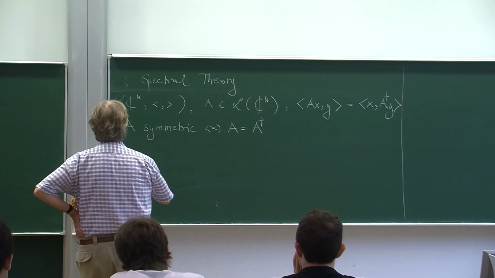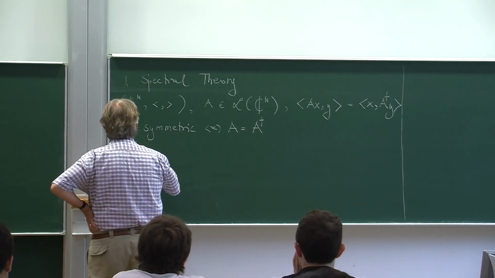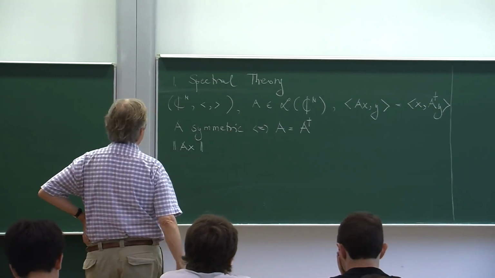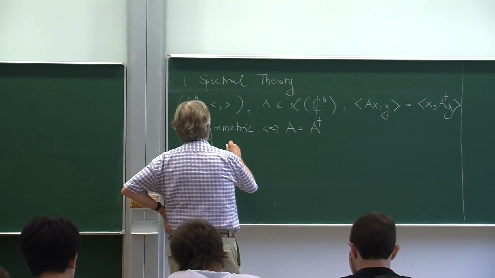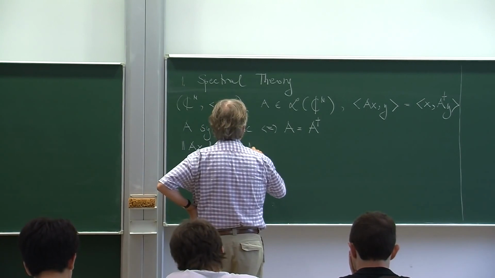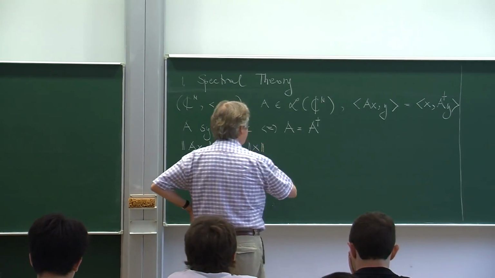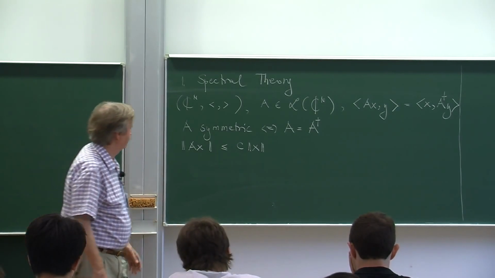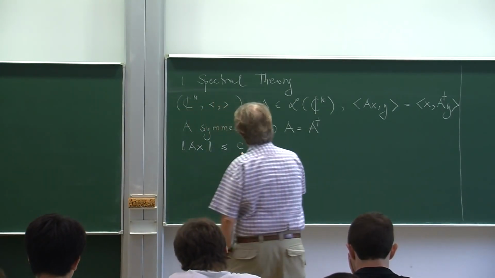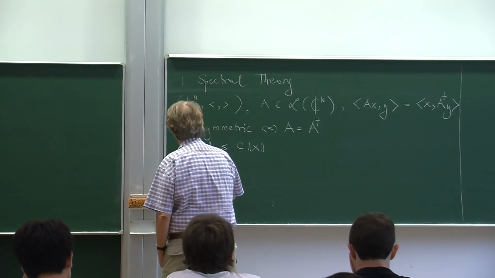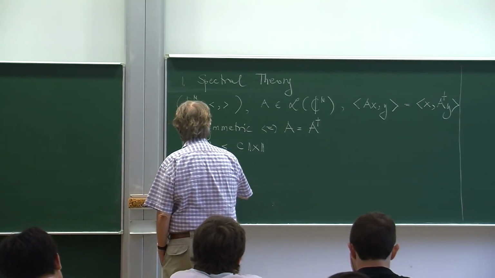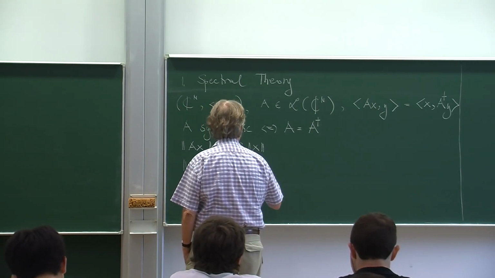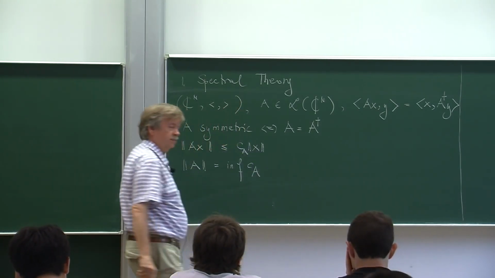So we should note that the norm, so this Ax dot Ax, is bounded by a constant times the norm of x. This is very simple because these are matrices if you write it in a basis form. But the infimum here is called the norm of A. Let me call this the smallest possible constant.